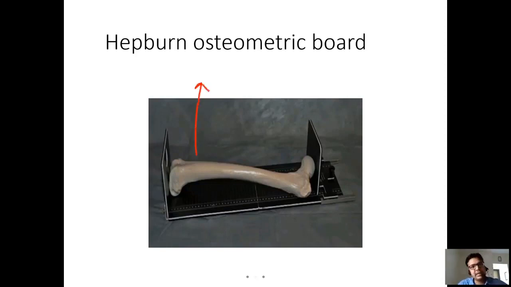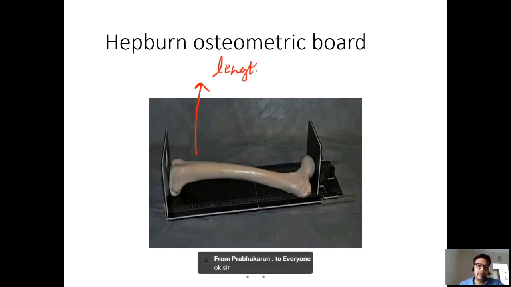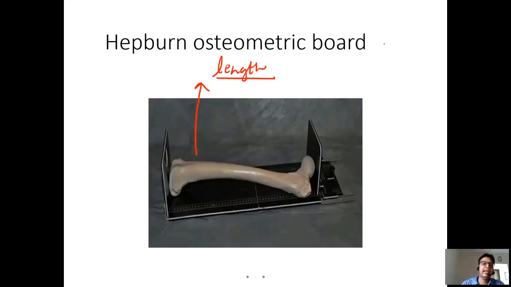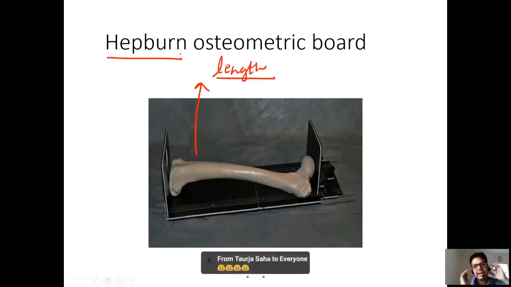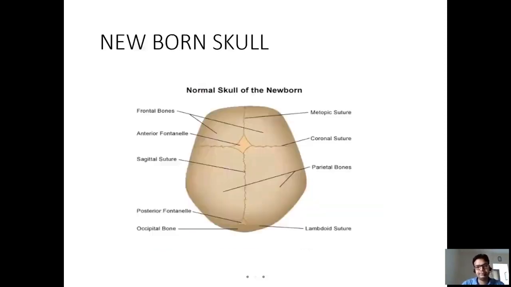The third molar generally comes very late, which is the wisdom tooth. So, by this we can decide the length of bone. That is the Hepburn osteometric board.